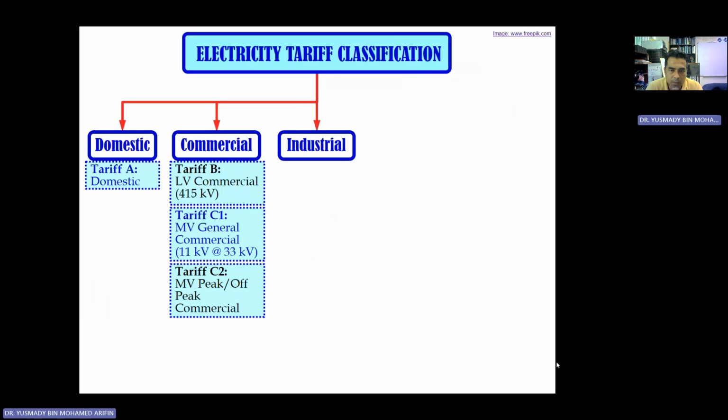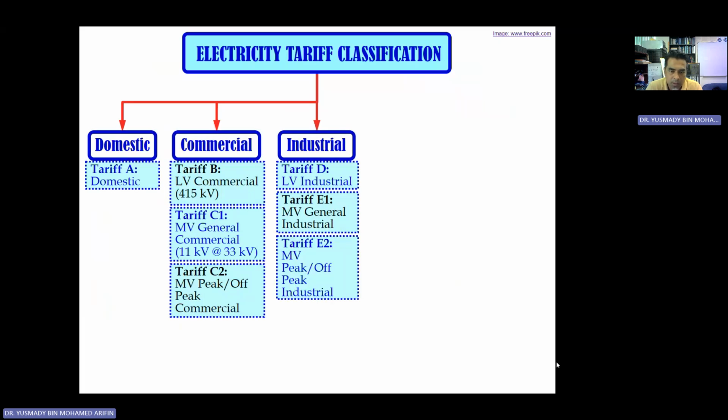The third one, we have the industrial tariff: tariff D for low voltage industrial, tariff E1 medium voltage general industry, tariff E2 medium voltage based on peak and off-peak industrial, and tariff E3 refers to high voltage based on peak and off-peak industrial.